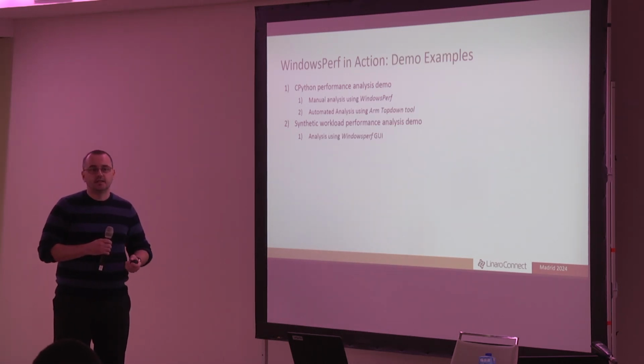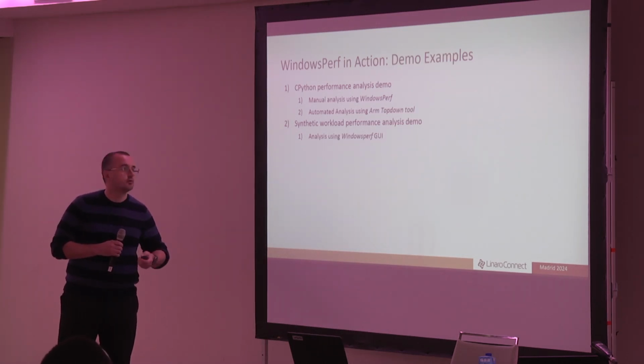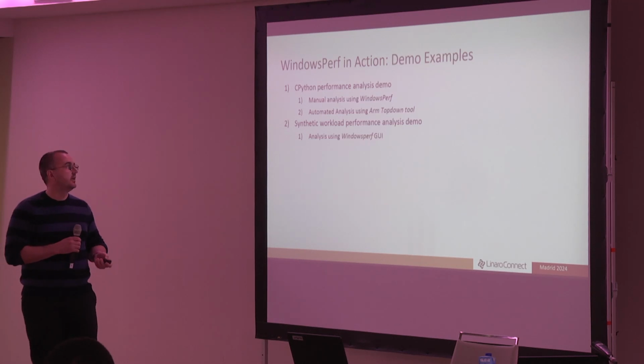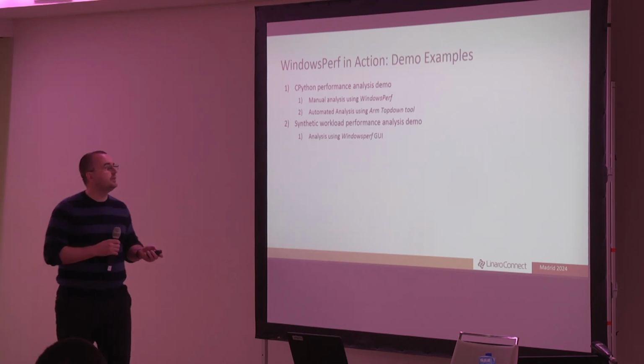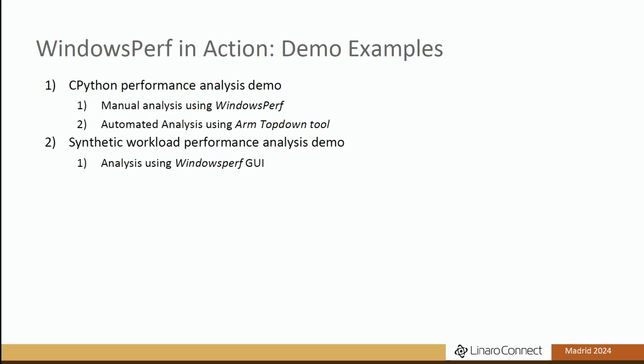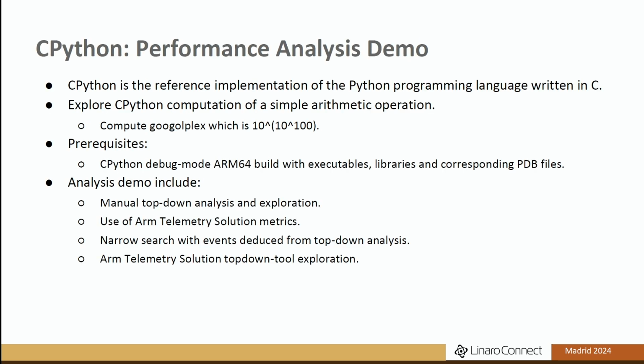And the telemetry solution team actually helped me to patch it so it works on Windows in a very good way. I'm also going to have a little bit of talk about the WindowsPerf GUI and give you some very simple synthetic example for someone who will, for example, develop an algorithm in Visual Studio and wants to see how this looks from the top-down perspective.